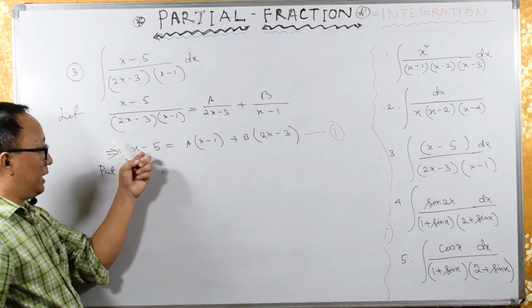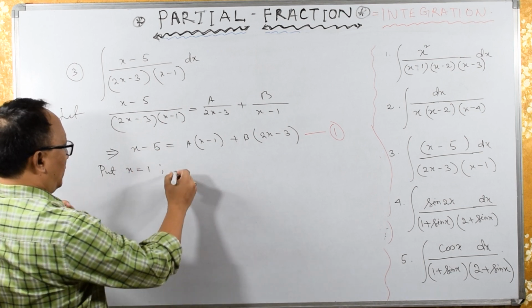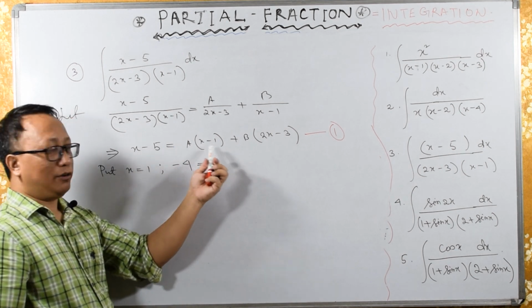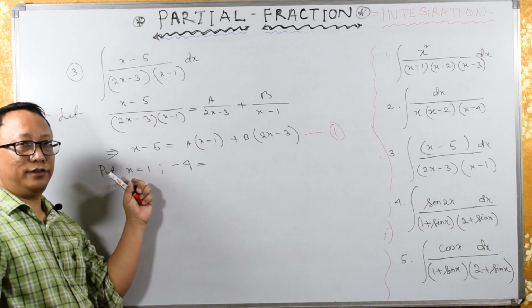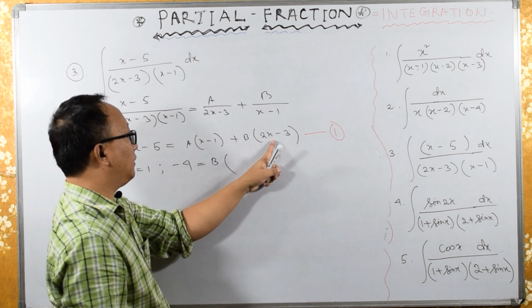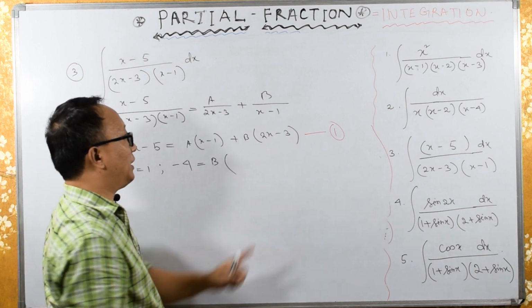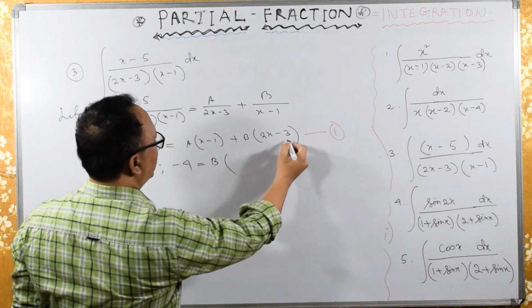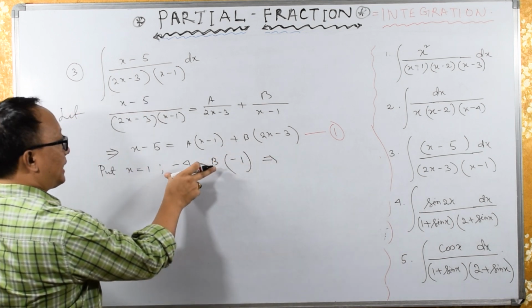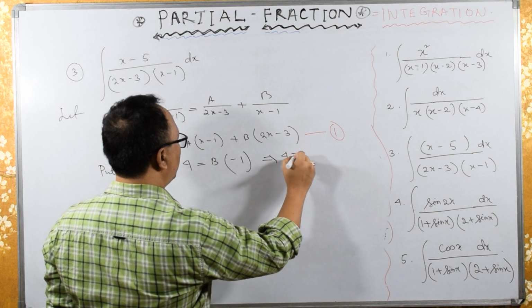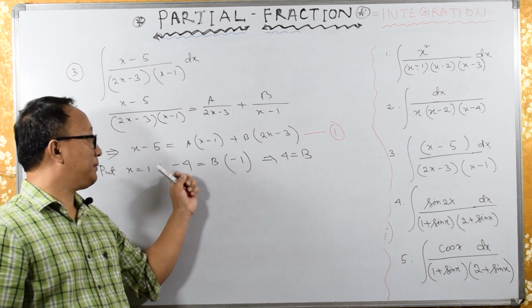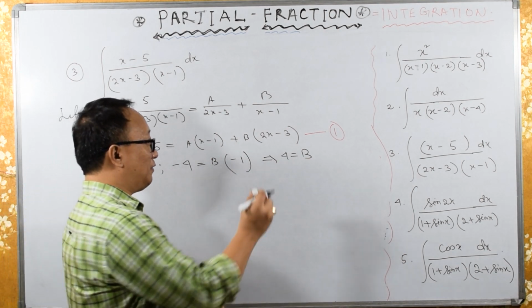On the left hand side, 1 minus 5 is minus 4 equals, the a term will get 0 because I am substituting x equals 1, plus b into 2 into 1, which is 2, minus 3, which is minus 1. Minus minus gets cancelled, so you have 4, b equals 4.